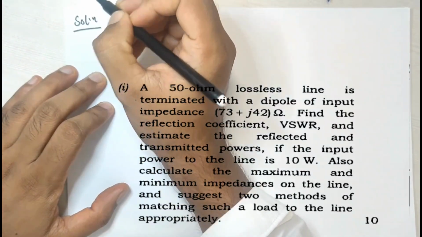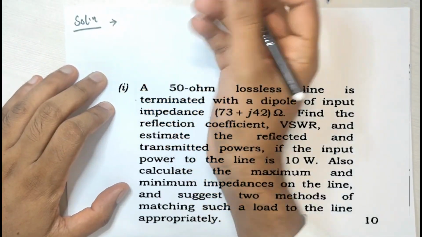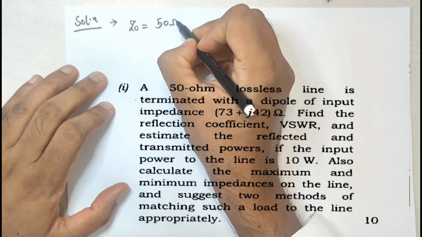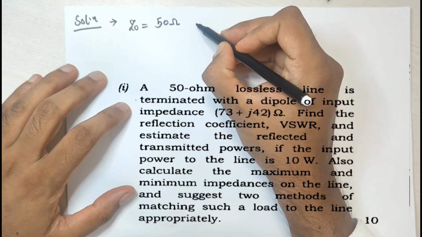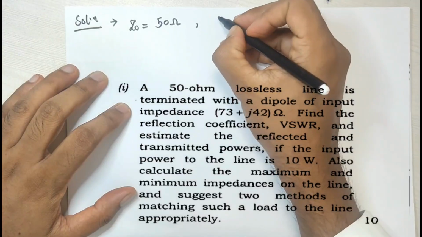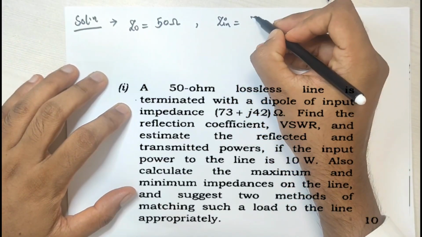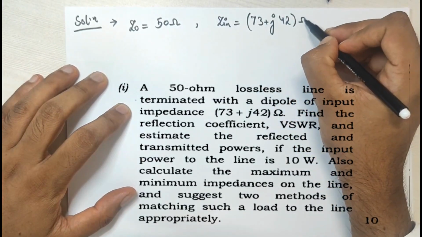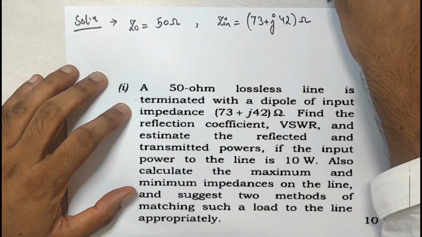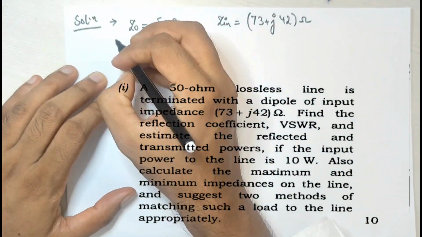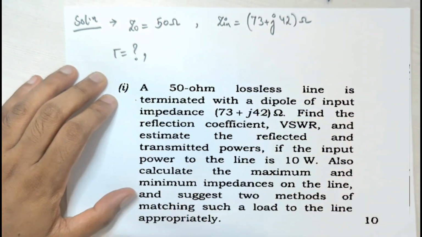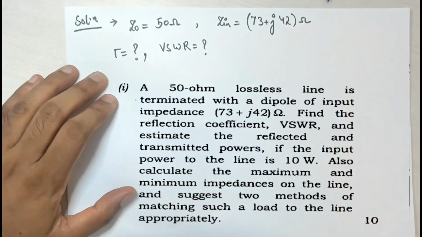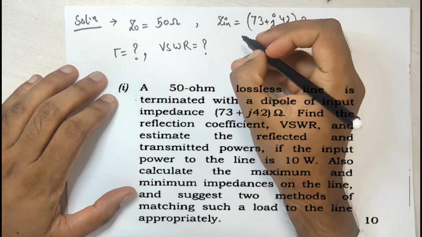Solution. What are the things we have? We have Z0, which is characteristic impedance, 50 ohms. We have a dipole input impedance, so Zin we also have, that is 73 plus J42. We need to find the reflection coefficient, the voltage standing wave ratio, and estimate the reflected power and transmitted power.